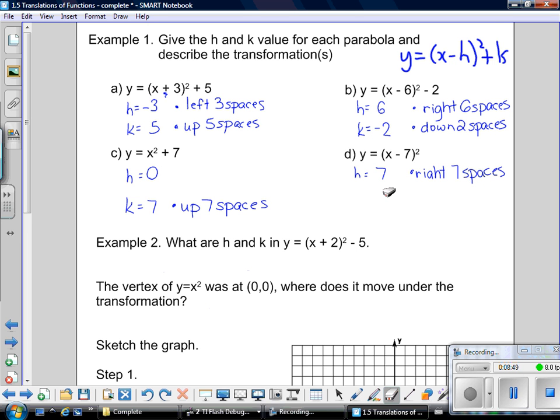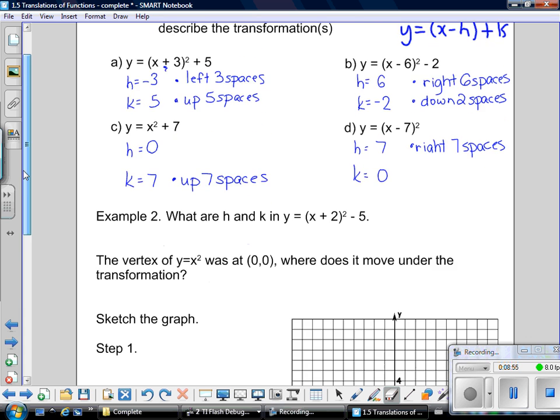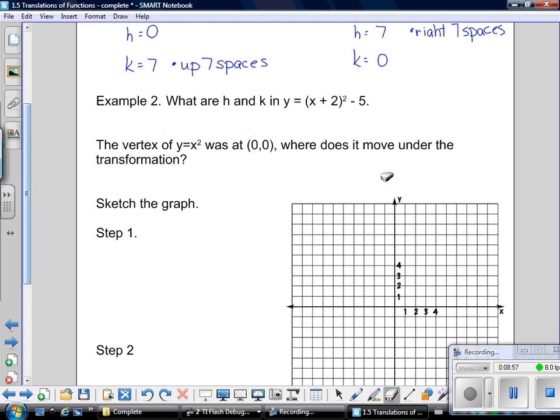And notice nothing's been added or subtracted, so my k value is 0. All right, example 2: what are h and k in this following equation? Opposite sign here, so my h has to be negative 2, and I have a negative 5, so my k has to equal negative 5.